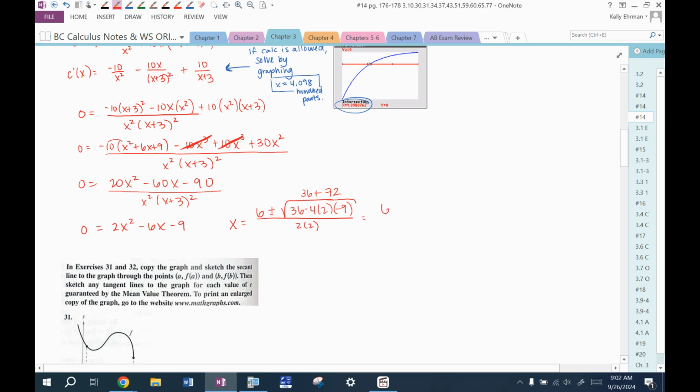So this is 6 plus or minus the square root of 108 all over 4. And what's 108? That's 36 times 3, right? So 6 plus or minus 6 radical 3 all over 4. And finally, you can divide by 2: 3 plus or minus 3 radical 3 all over 2.